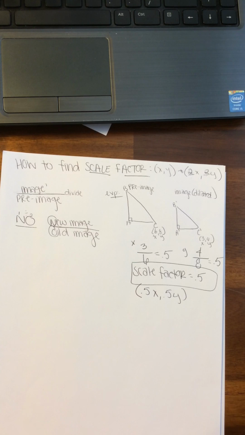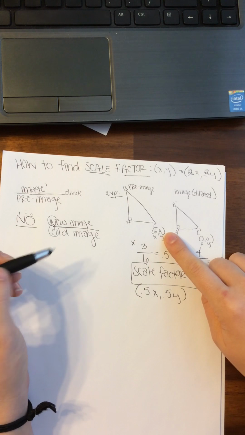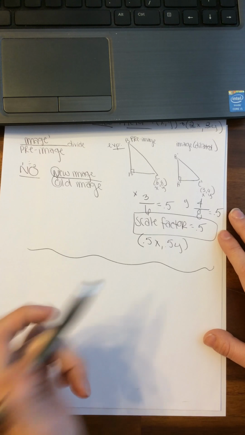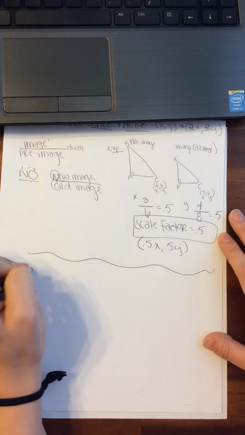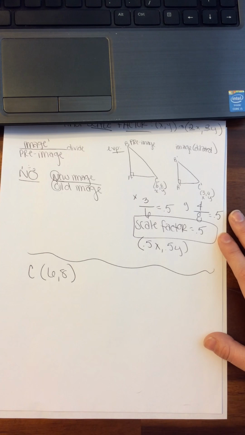One more thing, if you're given your pre-image, so you might have to write this on the back of your paper. If you're given your pre-image, so my pre-image C is (6, 8), right?